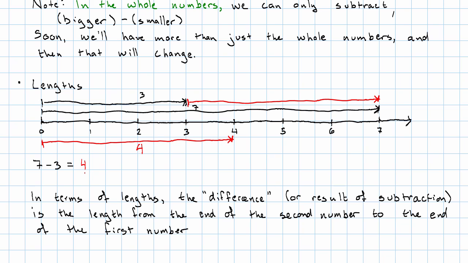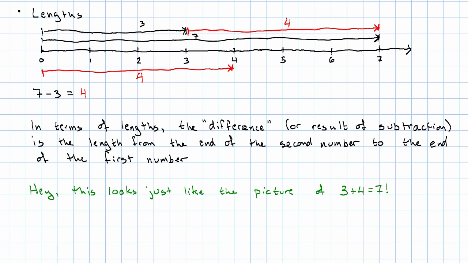Now, looking at this picture of lengths especially, this looks a lot like the picture we would use for a different piece of arithmetic. This looks just like the picture of 3 plus 4 is 7. Coincidence? No, this is not a coincidence. Addition and subtraction are very closely related.